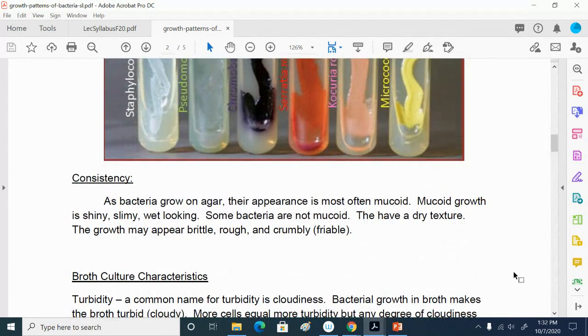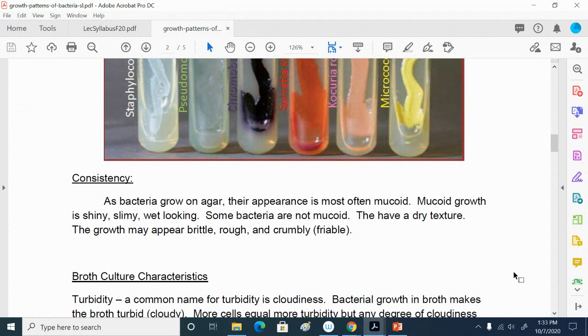So for consistency, there are technically 3 consistencies, but we only use 2, mucoid and dry. When you hear the word mucoid, what do you think of? Mucus, right?